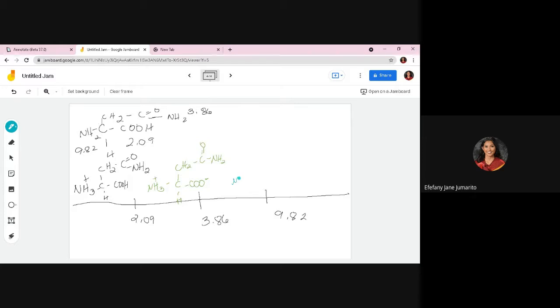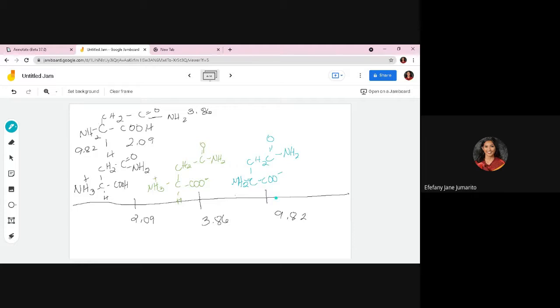So we have here, since it is acidic, what will react? Oh, it's under neutral. NH2 of the C, then COO. Okay, so it will go back. So in each, the N group will lose a proton. Then we have CH2, C double bond O, then NH2.